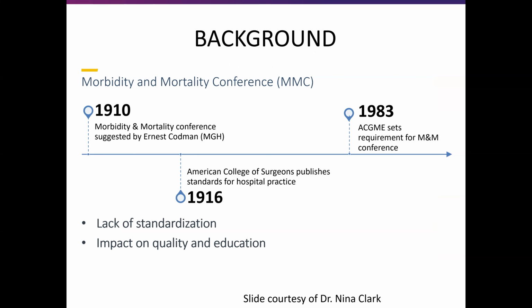In the early 1900s, this is a slide by Dr. Nina Clark, it was basically suggested to have these morbidity and mortality conferences at MGH. And since then, it's been incorporated by the American College of Surgeons for standardization, and then, of course, taken up by ACGME. But despite a long history of trying to increase educational value, we don't have true standardization.